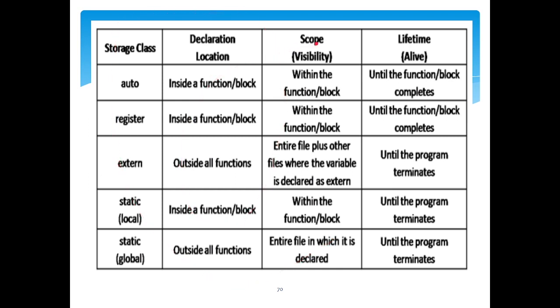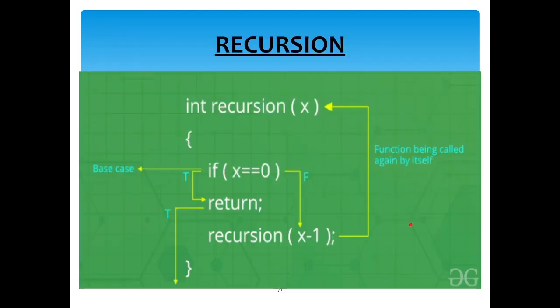This is the scope, visibility, lifetime, and where you need to declare the storage classes. This is very important. And recursion, let us look into the new concept. What is recursion? You can check from this code.